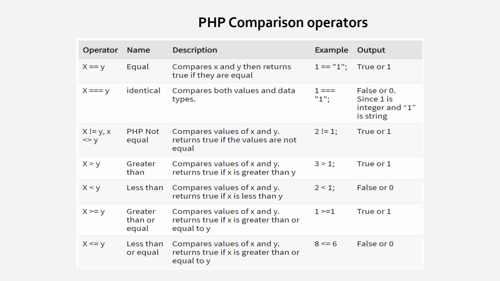Here in comparison operators, an important thing is PHP has got additional operators. Other operators, I think you are all familiar with. That is double equal to, you are familiar. Triple equal to is called the identical operator.